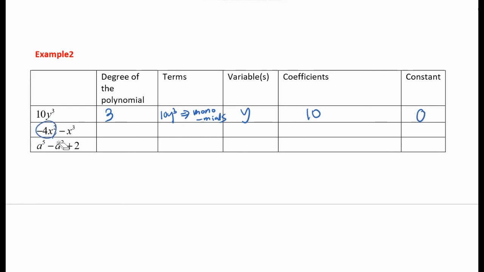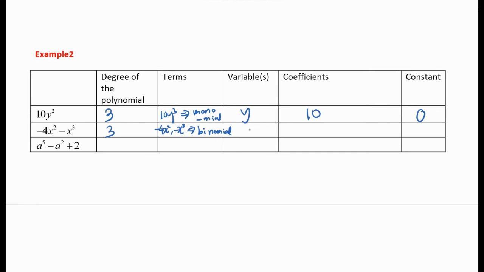Degree of the polynomial. We have 2 and 3 exponents. So 2 and 3. The highest degree is 3. Terms. We have two terms. -4x squared, -x cubed. This is a binomial. I should erase the S here. It's monomial, binomial.